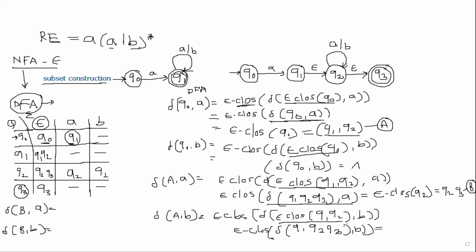So transition of Q1 Q2 Q3 on B. These are the three transitions. Union of these three is giving you Q2 only. So epsilon closure of Q2.